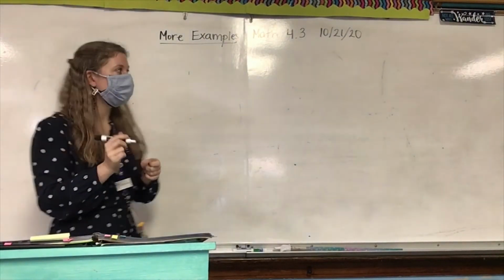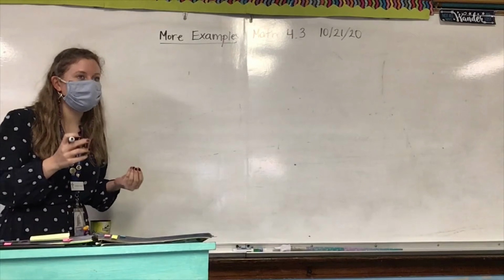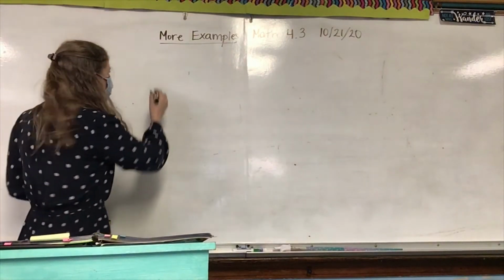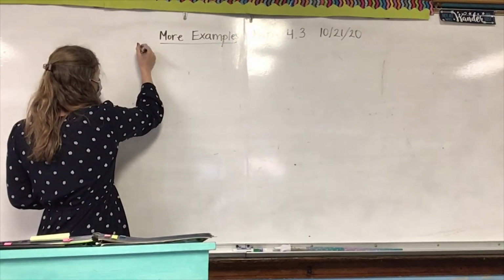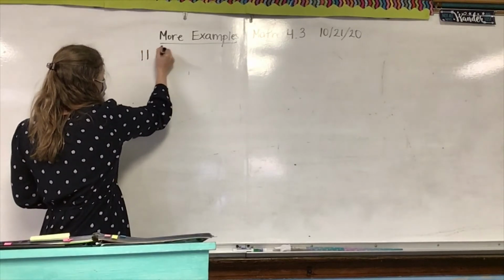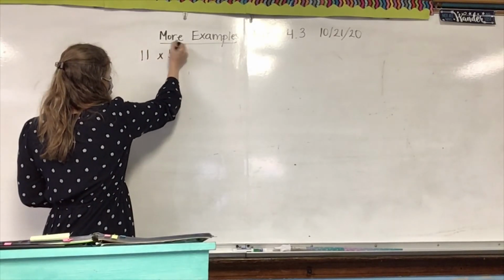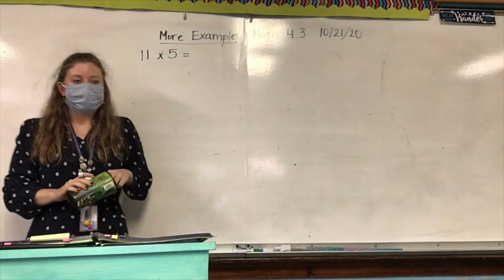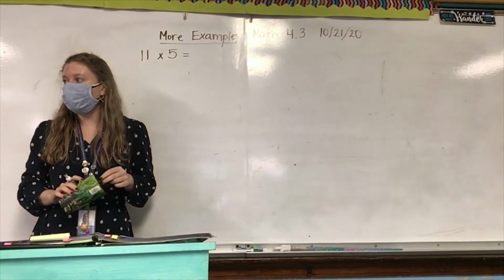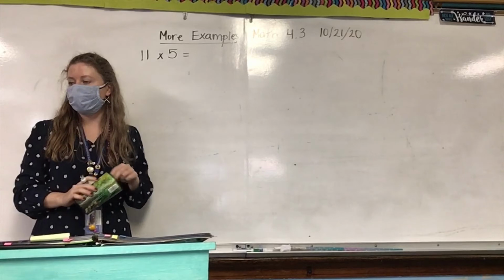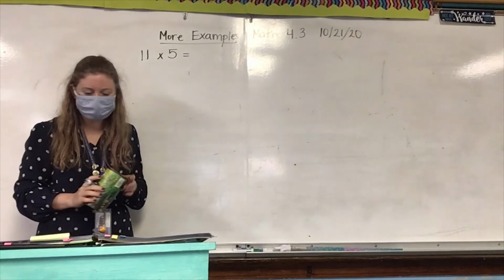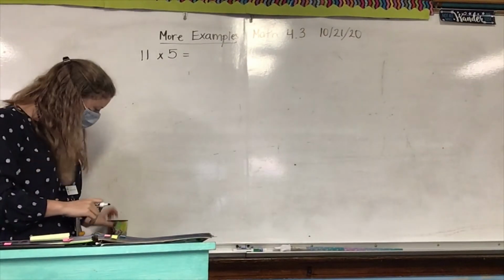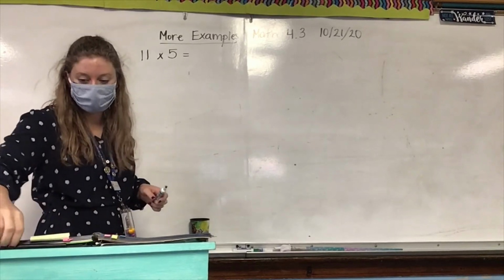Okay. So our first example is 11 times 5. So go ahead and write that problem. You have your math book out looking at page 210 because I want you to be following these steps.